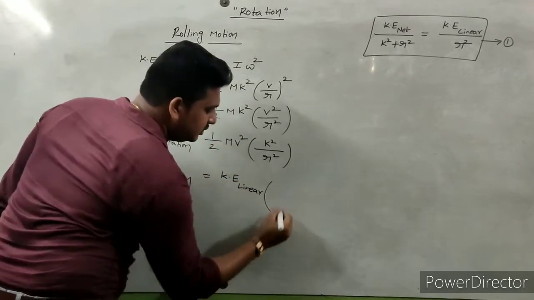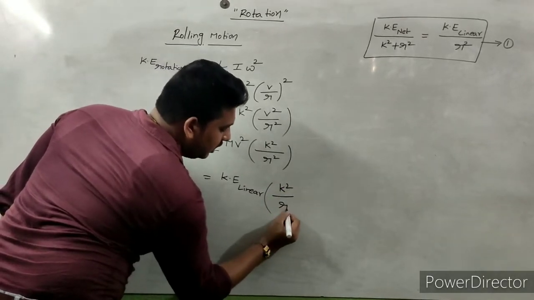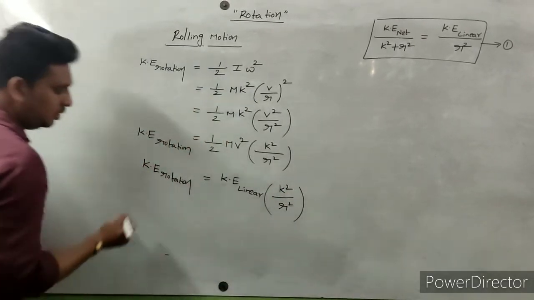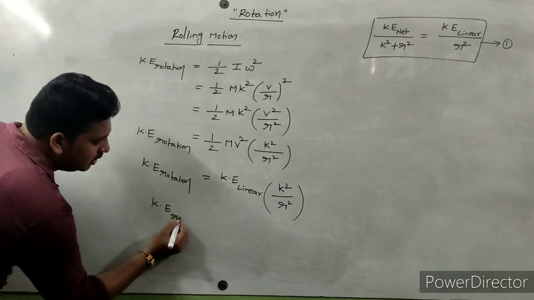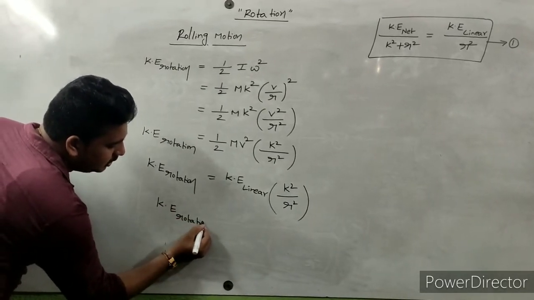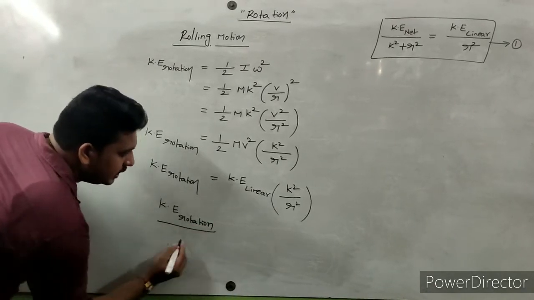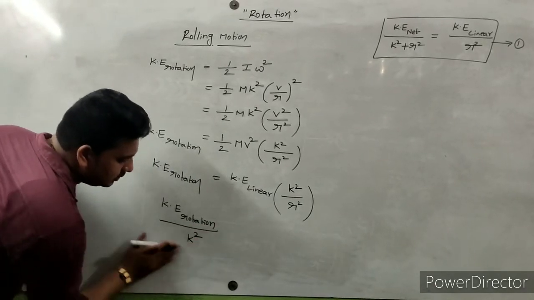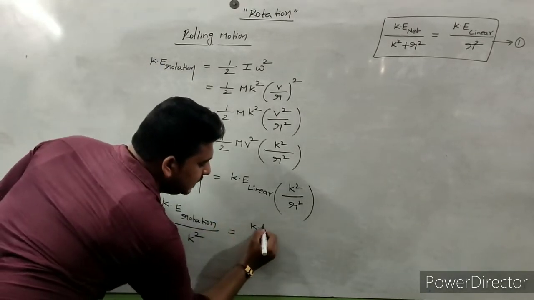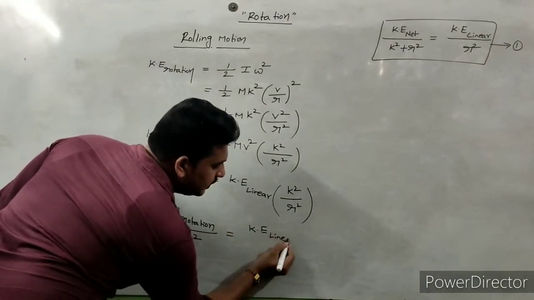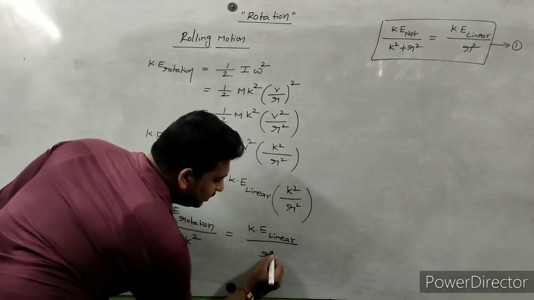So kinetic energy of rotation is equal to kinetic energy of linear into k square by r square. So kinetic energy of rotation by k square is equal to kinetic energy linear by r square.